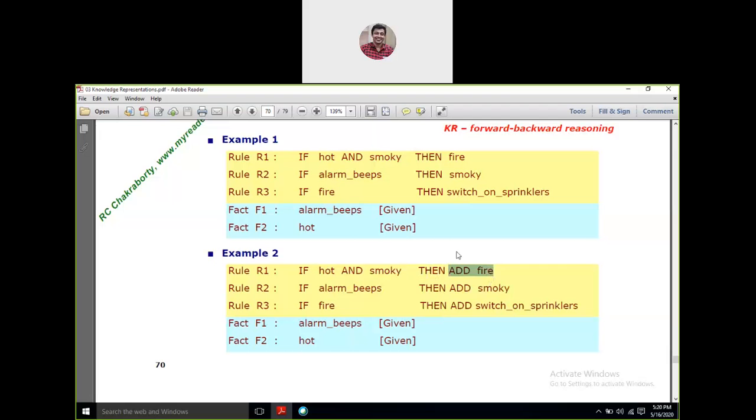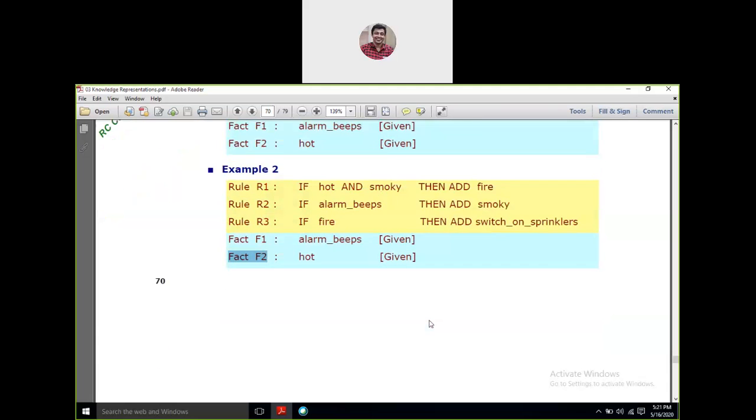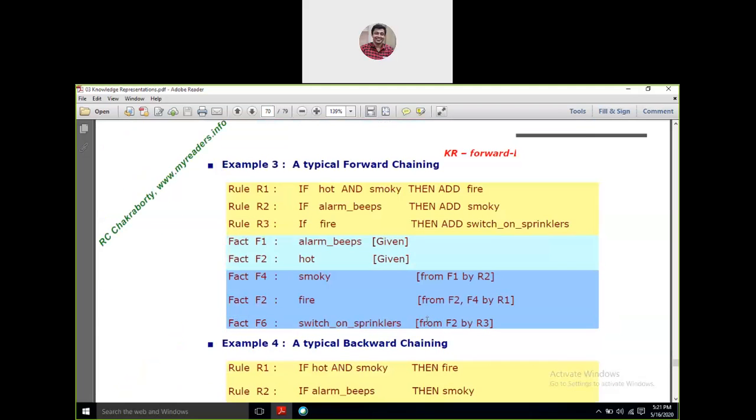Let me tell you, this is our rule base: Rule 1, Rule 2, Rule 3 are our rule base, and Fact 1, Fact 2 are my working memory. That means I'll be gradually adding to what has been said, on the basis of the premise that has been given to me. I'll be adding further information to my working memory. So the alarm beeps is given and further information can be added. Let us see how we can do it.